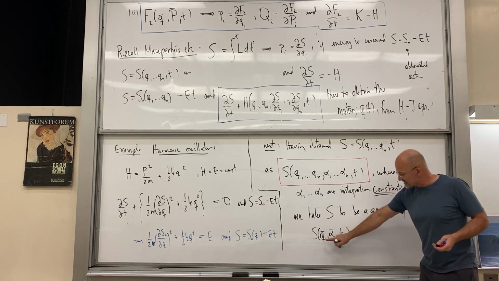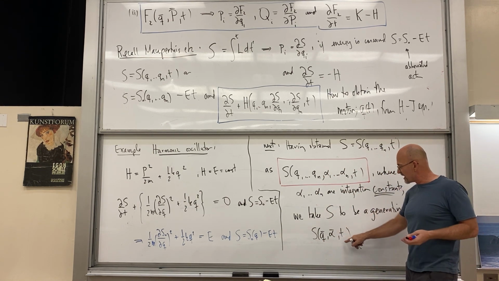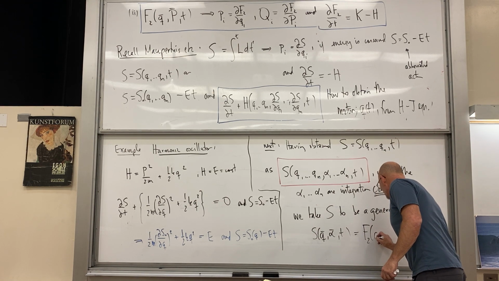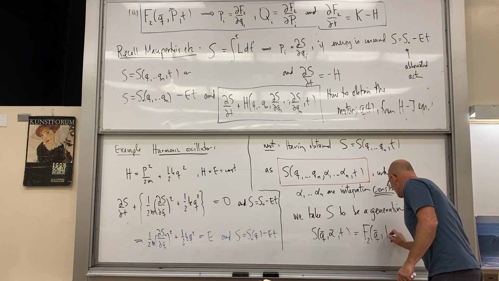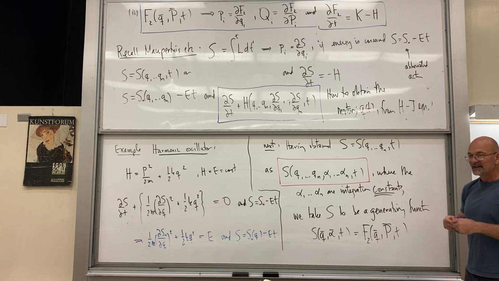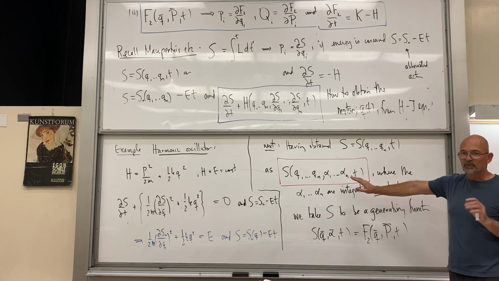Notice I'm just writing these as vectors, n components of alpha, and t is equal to F2 of q, capital P, and t. This is the trick. What follows is pretty amazing.